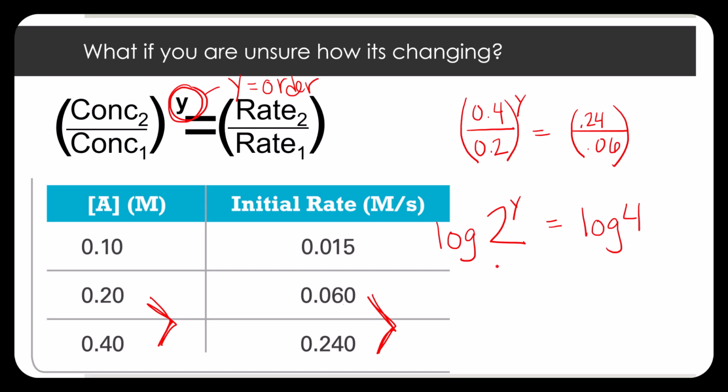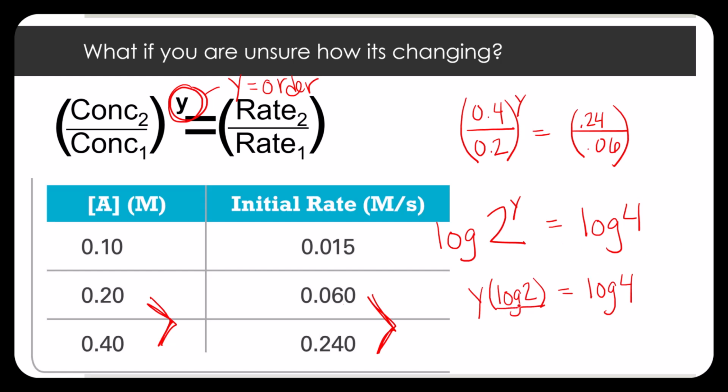What that does is it will bring this y value out of the exponent. So what we'll have on the left-hand side here is y times log 2 equals log 4. There was no exponent here, so that's why nothing comes down.